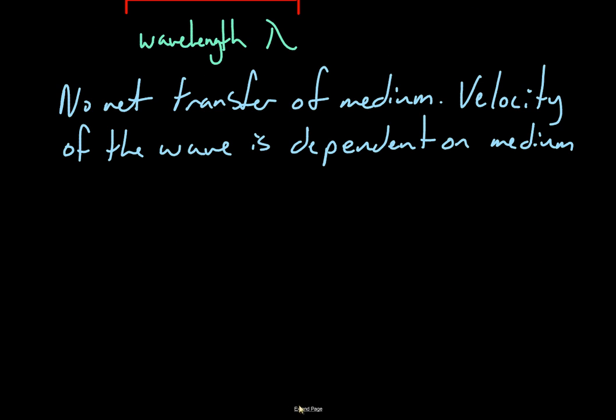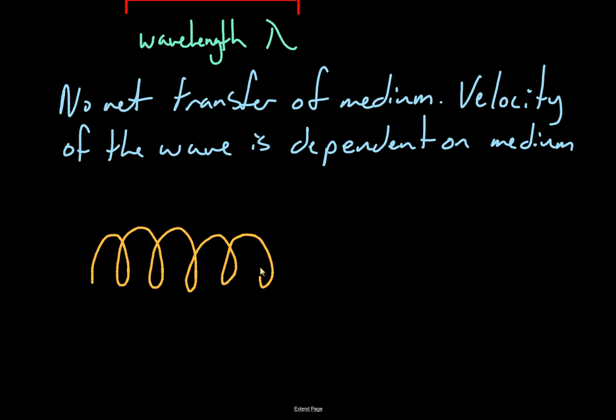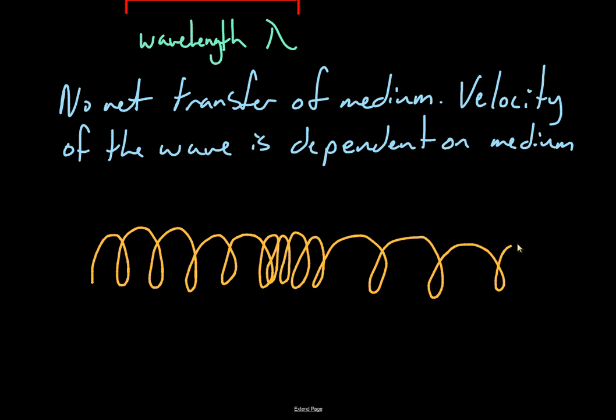Let's talk about a longitudinal wave. These are a little bit harder to draw, but I think one way is to use a spring. So I'm going to try to draw a spring. Okay, so we might have a coil spring like this, and we might have a spot where we have a wave coming through it.